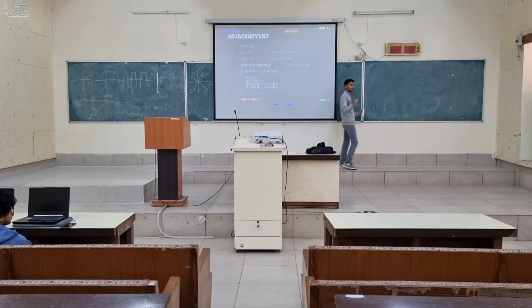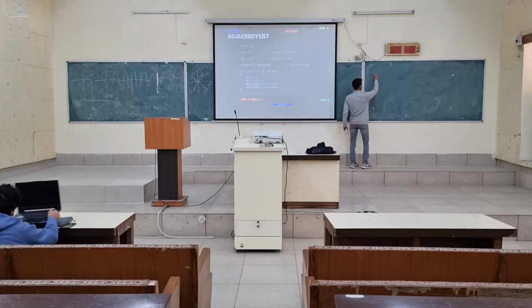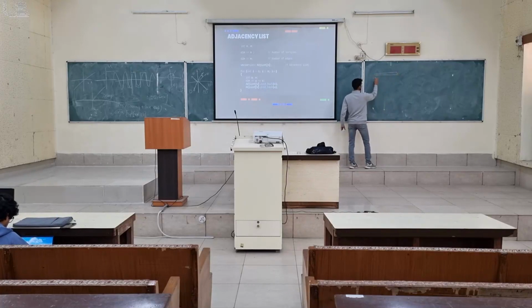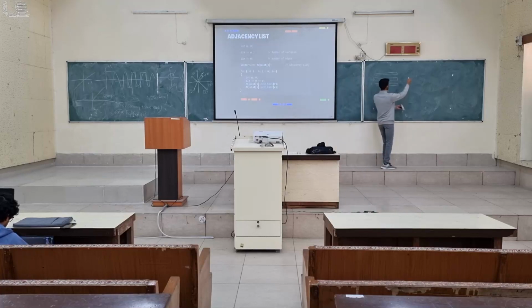Earlier in adjacency matrix, what we were doing is you will have an array for node 0 and an array for node 1 and an array for node 2. What we now did is we have all those nodes here, but we have only a blank array or vector for all those nodes.